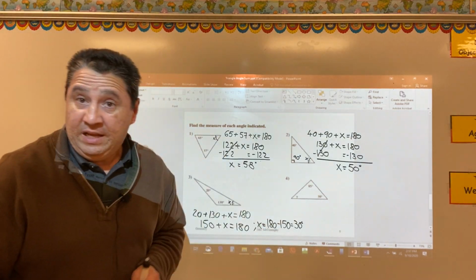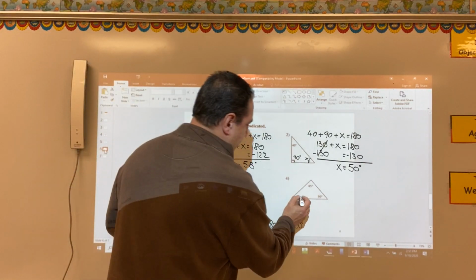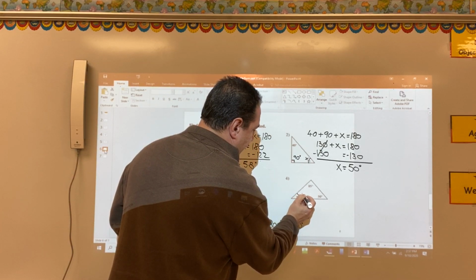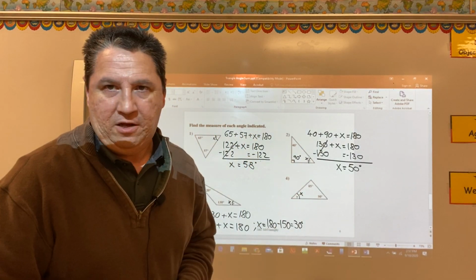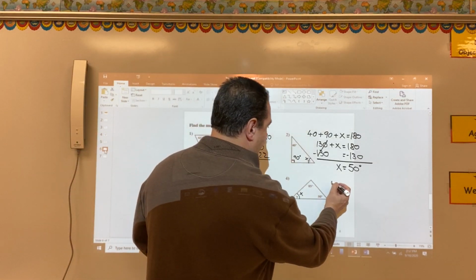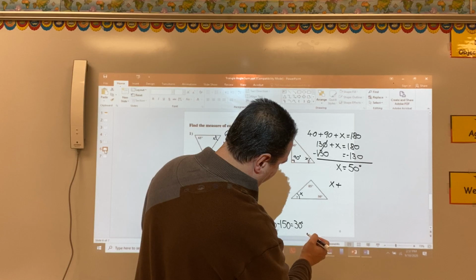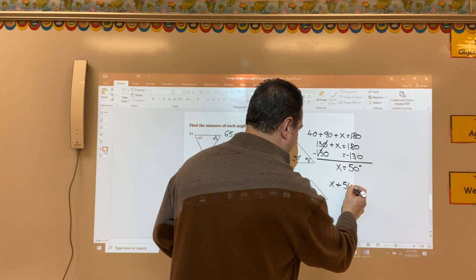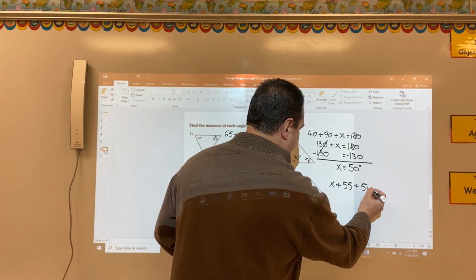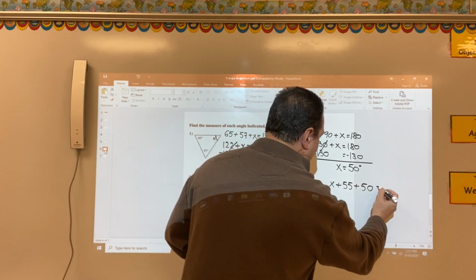For the last one, we do the same. We denote the missing angle by x, and we set up the equation. So we're going to have x plus, I think it's 55, probably 55 plus 50 equals 180.